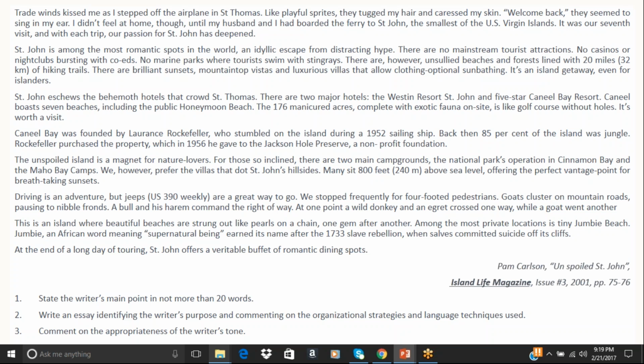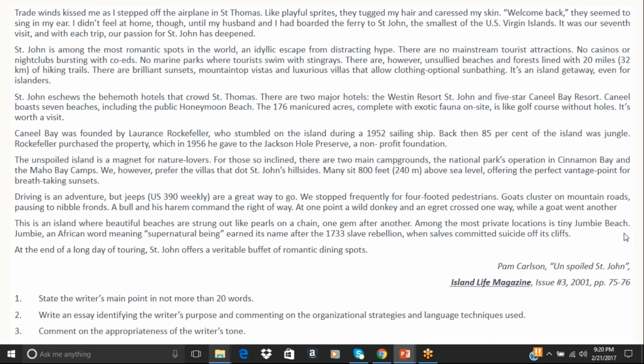Driving is an adventure, but Jeeps, US$290 weekly, are a great way to go. We stop frequently for four-footed pedestrians. Goats cluster on mountain roads, pausing to nibble fronds. A bull and his harem command the right of way. At one point, a wild donkey and an egret crossed one way, while a goat went another.